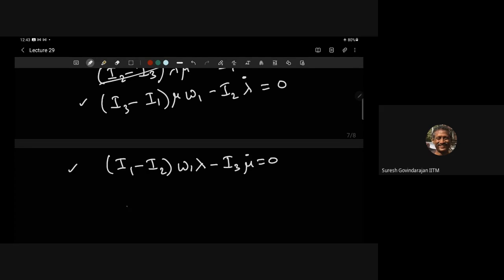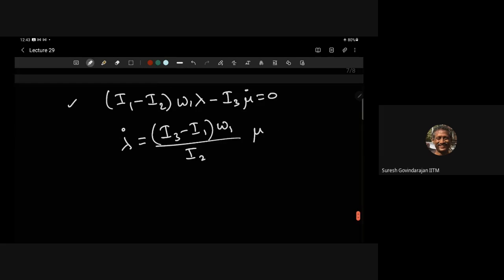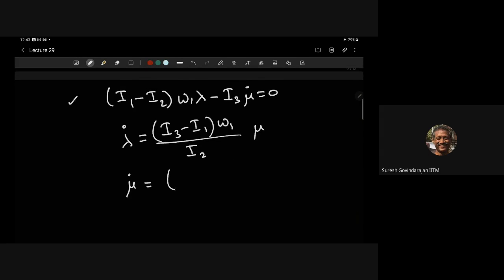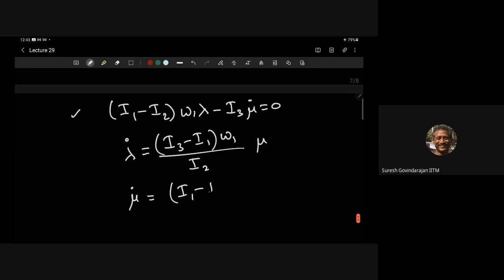Lambda dot is equal to I3 minus I1 times omega 1 by I2 times mu, and mu dot is I1 minus I2 times omega 1 by I3 times lambda.